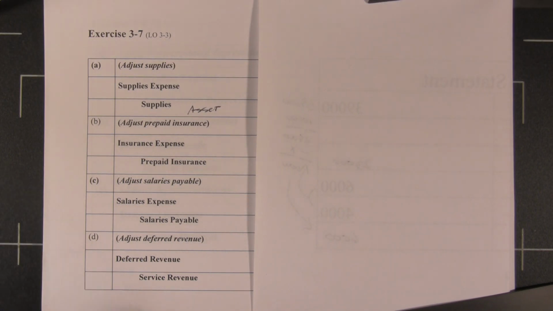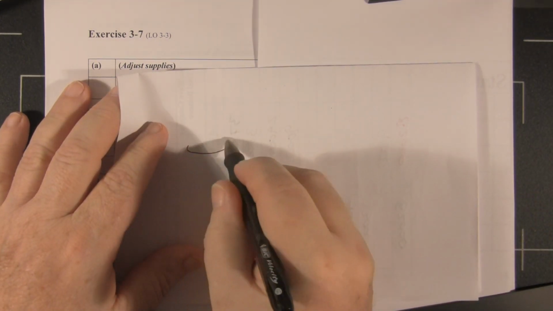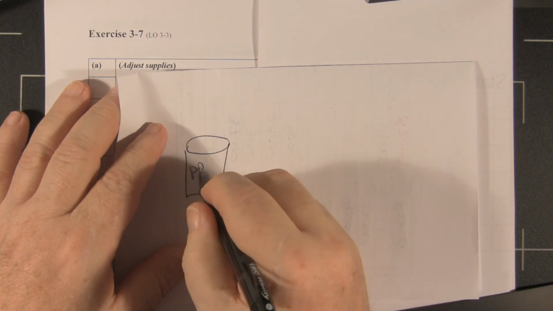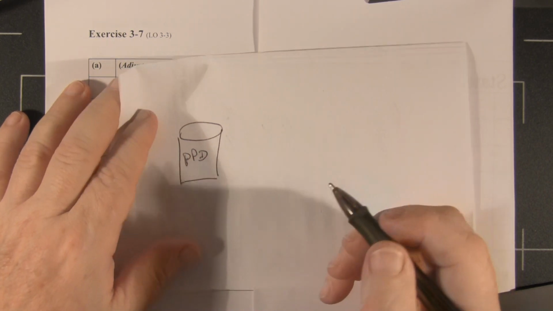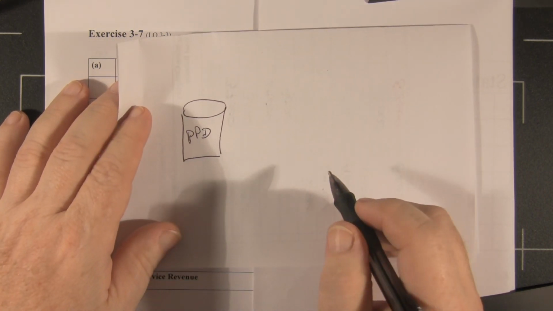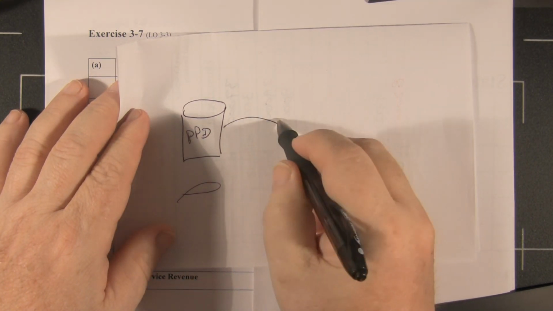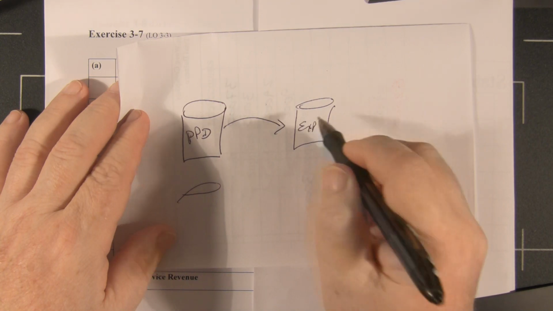Exercise 3.7 is asking us to do some adjusting entries. Now remember, when you're doing an adjusting entry, what you're doing is you're taking funds out of a bucket called either prepaid, as in prepaid insurance, prepaid rent, prepaid taxes, prepaid baklava, whatever, and you're moving it over into the related expense bucket.